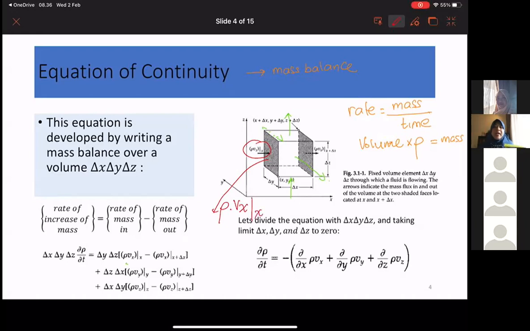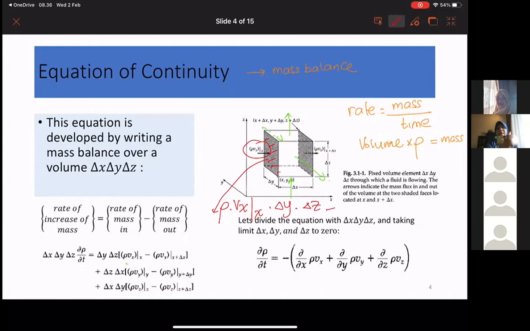Okay, and then this velocity should be multiplied with the cross-sectional area, which in this case is delta y multiplied with delta z. And then minus the outer one. In my case this is the inlet, and this is the outlet.